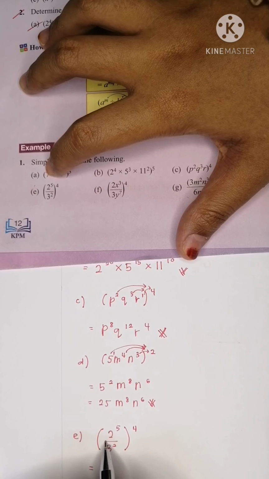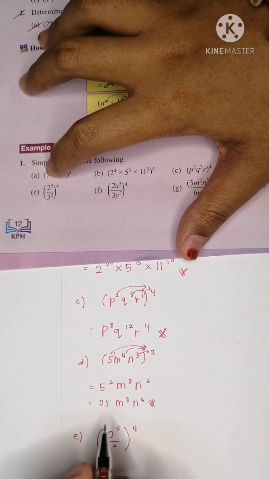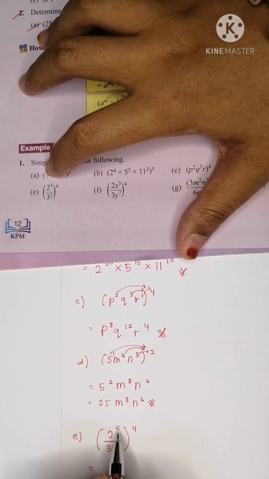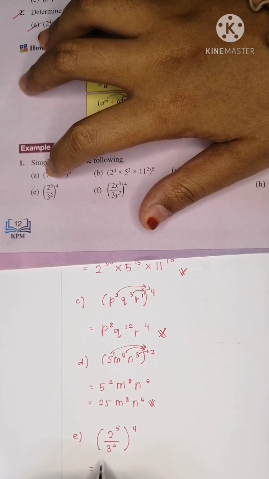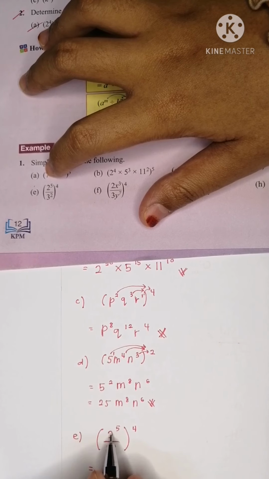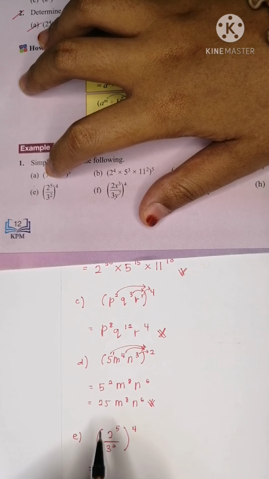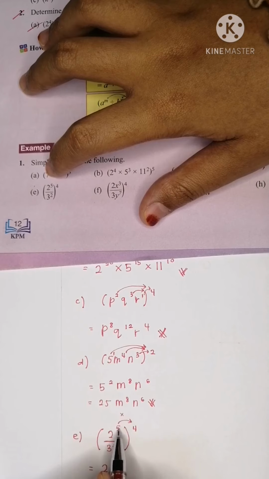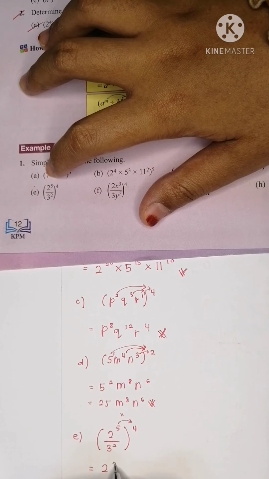If there is a fraction here, first, look at the numerator, which is base 2, the power is 5, right? So you need to multiply with 4. So 5 times 4, 20.